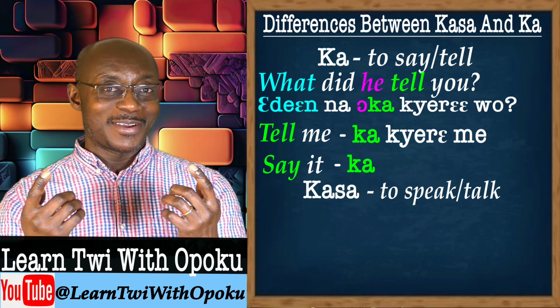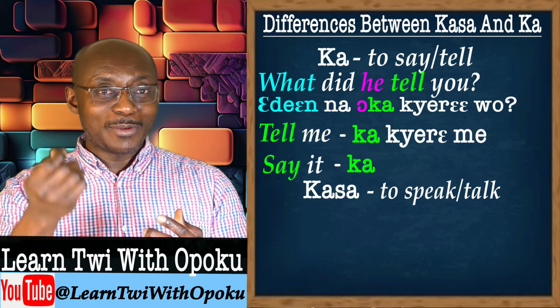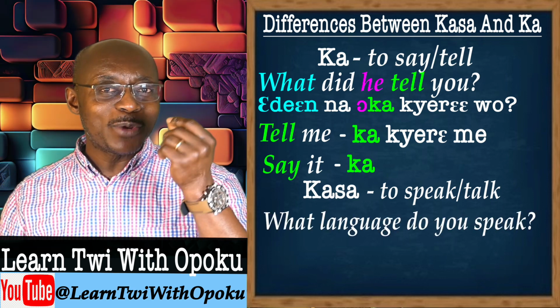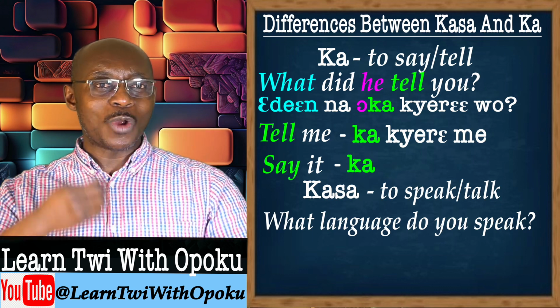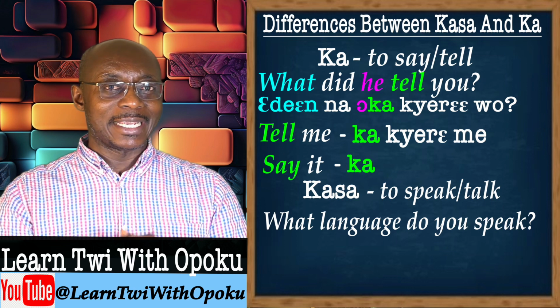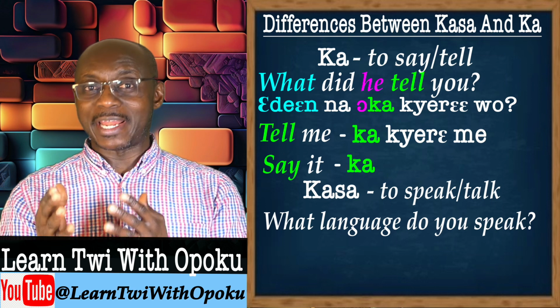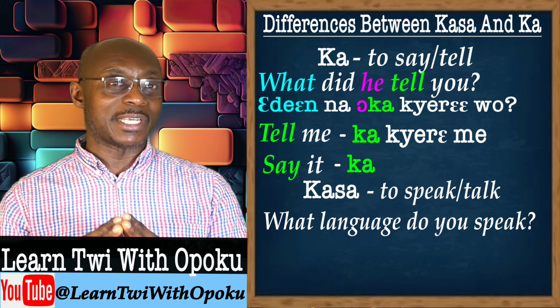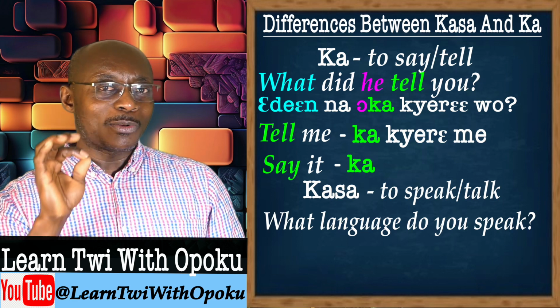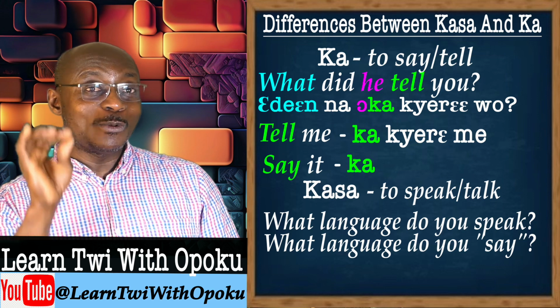However, when it comes to asking, what language do you speak? It's a bit confusing to a learner, but very natural to a native speaker. For the Twi one goes like, what language do you say?